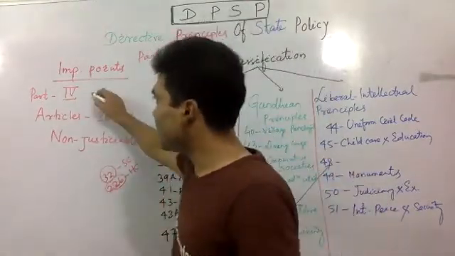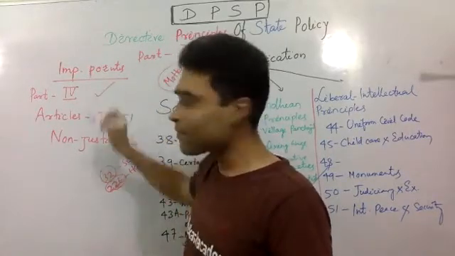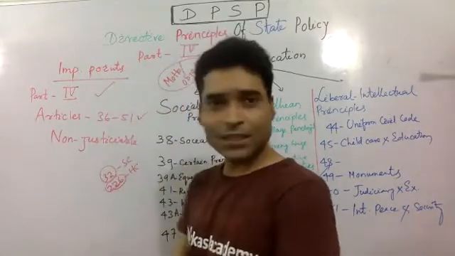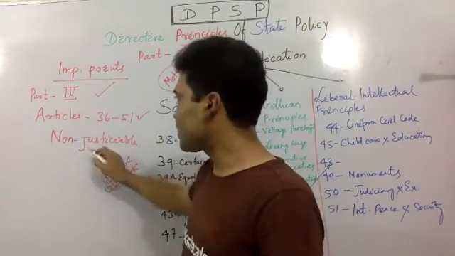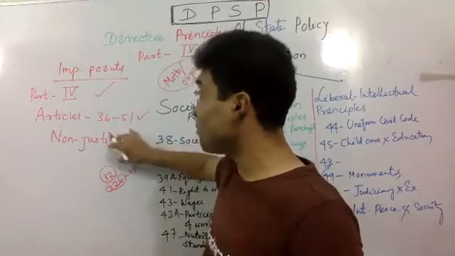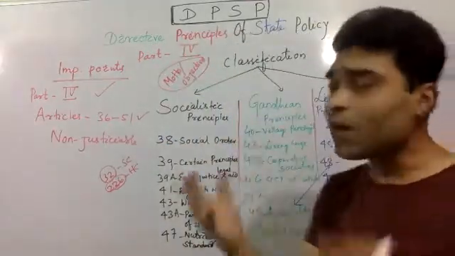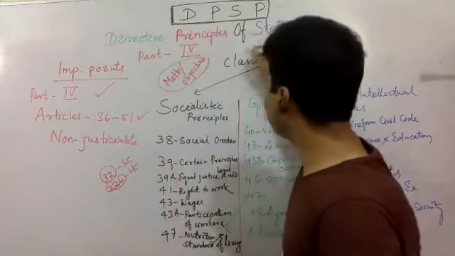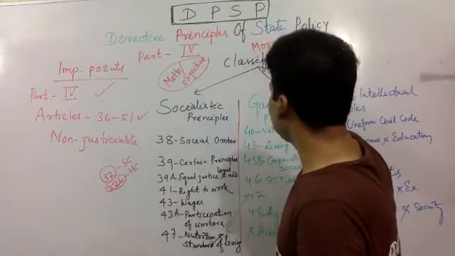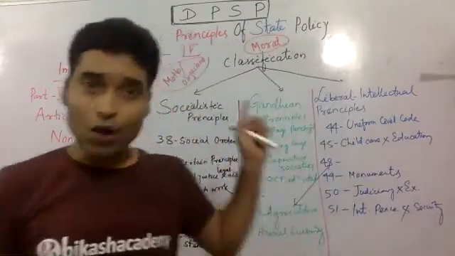So I have told you which part: DPSP is the fourth part, Articles 36 to 51, non-justiciable, that means we can't approach the court if the state is not implementing these principles. Are you getting my point? These are the moral principles, you can say.